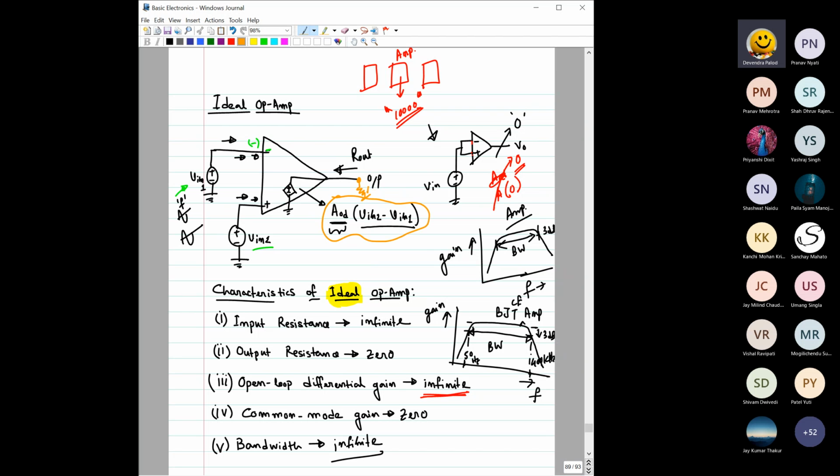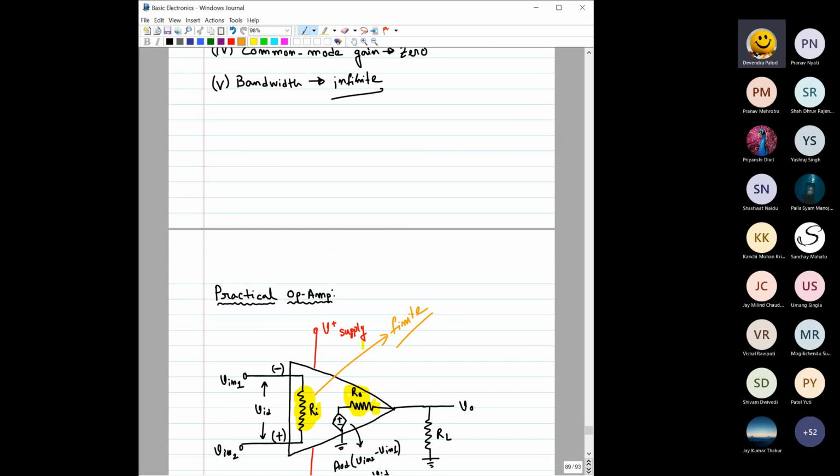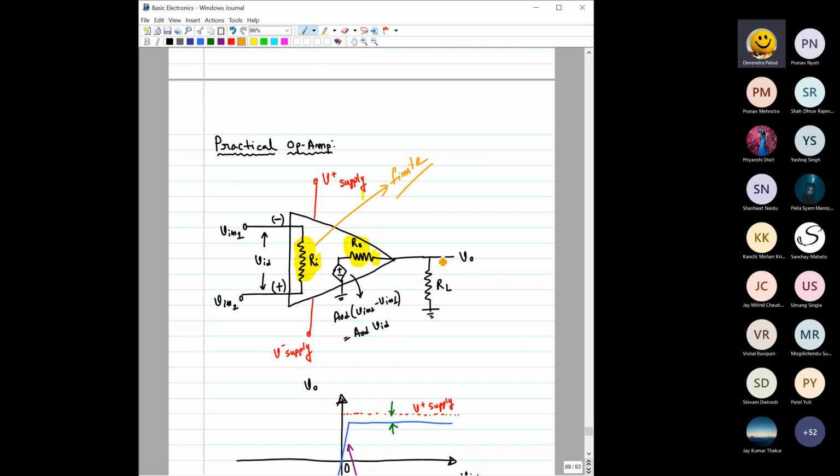If you apply any resistance, the entire voltage will be dropped across RL. However, for a practical op amp, if this RL is much higher than R naught, then almost the entire voltage would be dropped across the output, or the output would be equal to A naught D, the differential gain, into the difference between these two.